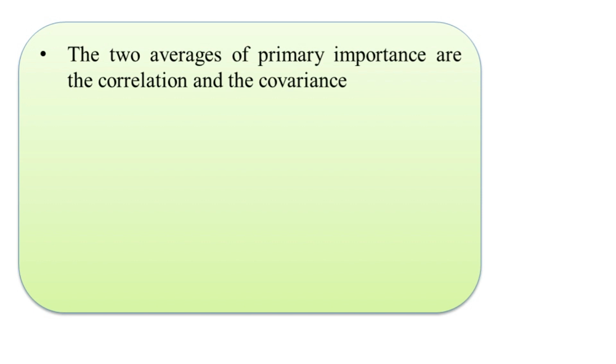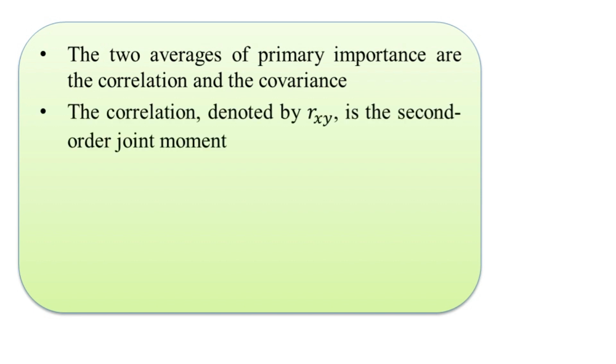For the 2 random variables, say small x and small y, the correlation can be denoted as small r with suffix x comma y. This is the correlation, basically a second order joint moment, and mathematically it can be obtained by taking the expected value of the multiplication of the random variable x with the complex conjugate of y.